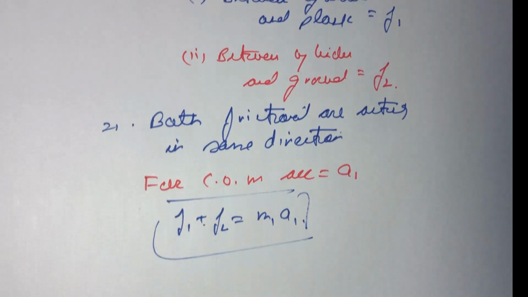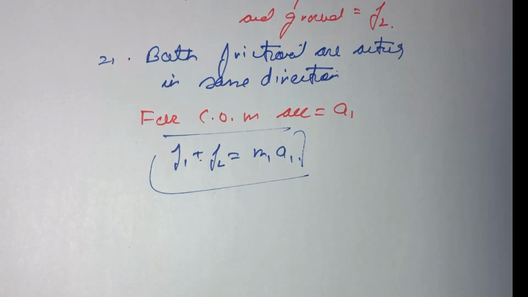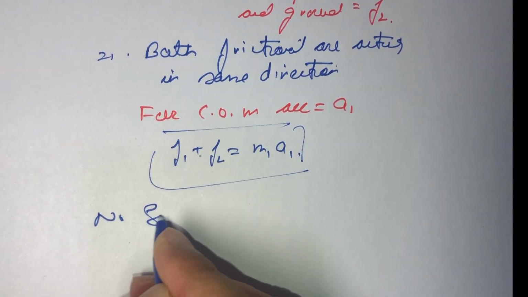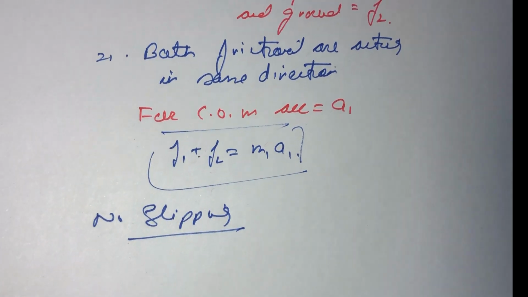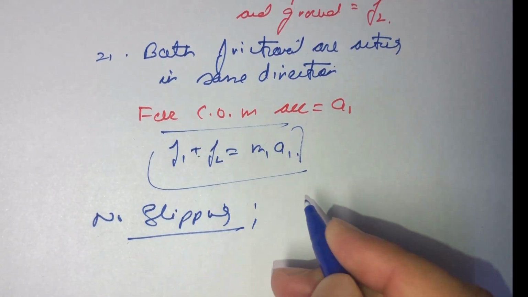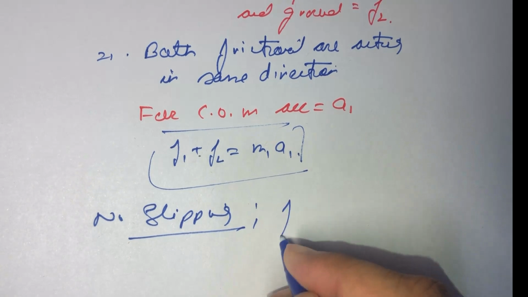This is another equation. Now it is said that there is no slipping at any of the contacts. Let alpha be the angular acceleration of the cylinder.